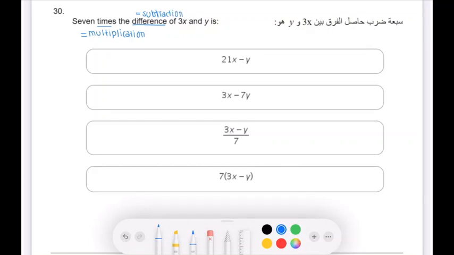The word difference is equivalent to subtraction because we want to find what is different between those two values, which in this case is 3x and y.